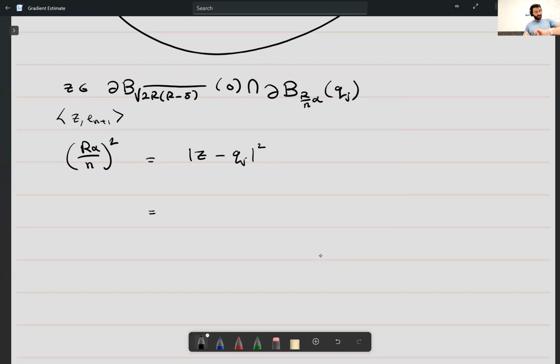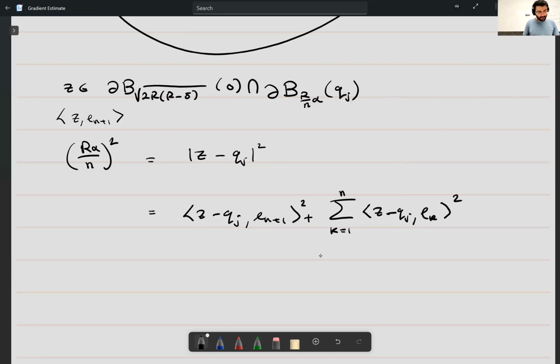Let's see how much, so I'll do half of this calculation. I'll do some parts of it and then I'll move on to the next part of the proof. So here we get Z minus qj en plus 1 squared plus, I'm just decomposing it into components, the sum over k equals 1 to n of Z minus qj ek squared.